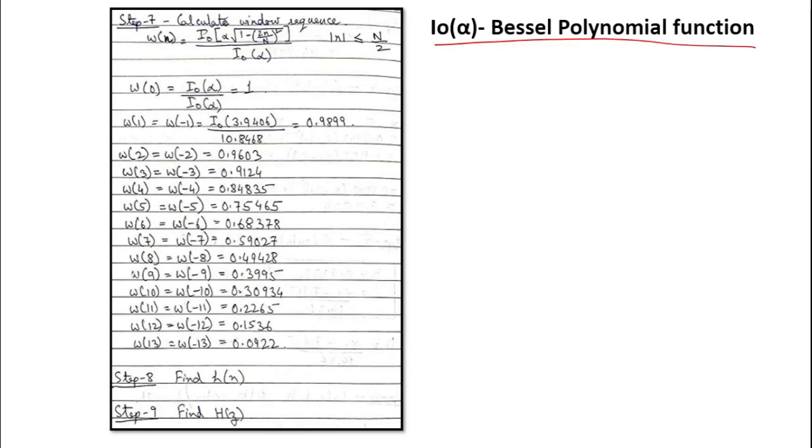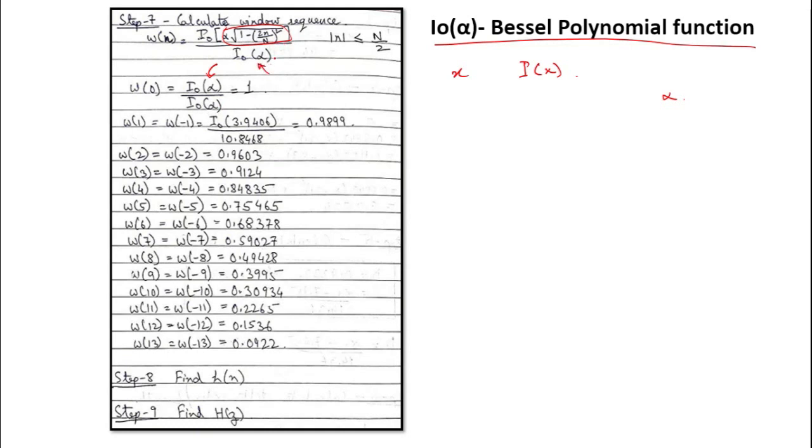You will find that there are some values, say x, and for that x you will find the Bessel function I(x). Here we are talking about I0 of alpha. Whatever alpha value you get, in the numerator we have the function alpha times the square root of 1 minus (2n by capital N) whole squared.